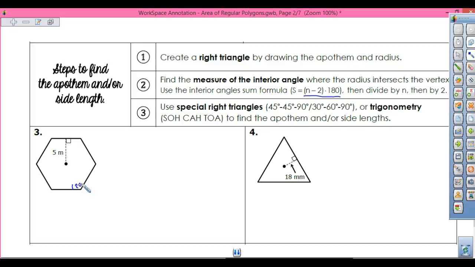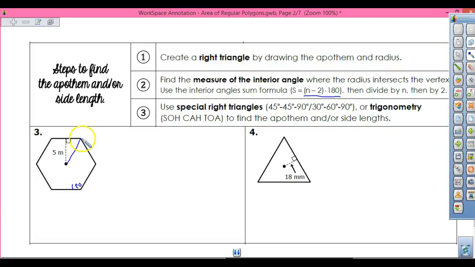This goes way back to an earlier chapter, and I hope most of us remember it. So that angle is 120. Now I draw my triangle, because it gives me the apothem, and I draw my radius in there.